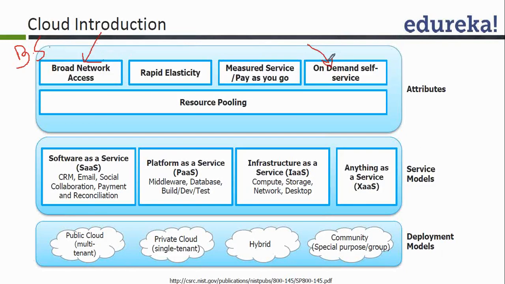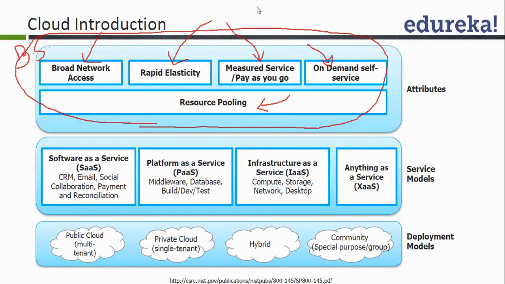I try to log in, I try to register, is it immediate? Does it provide me rapid elasticity? If my data is growing, is it able to accommodate that? Is it a measured service or pay as you go? Measured means it's able to measure the data and whatever I'm using. And is it providing me some kind of resource pooling with multi-tenancy or not? That is called cloud computing.